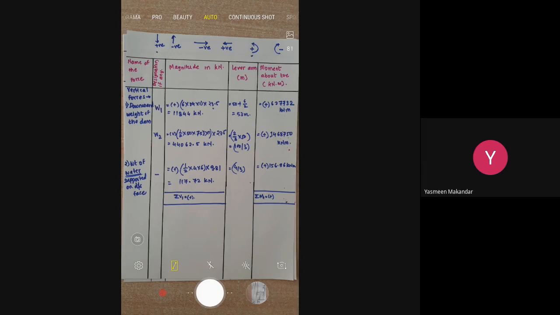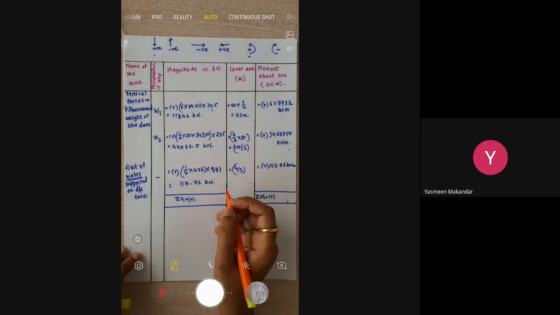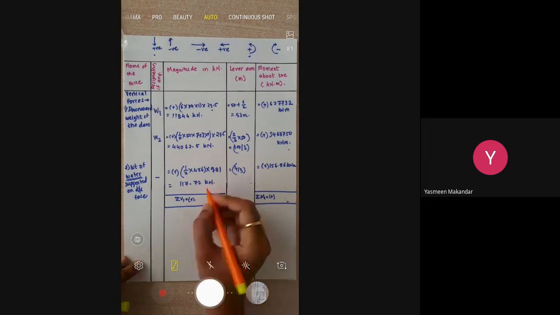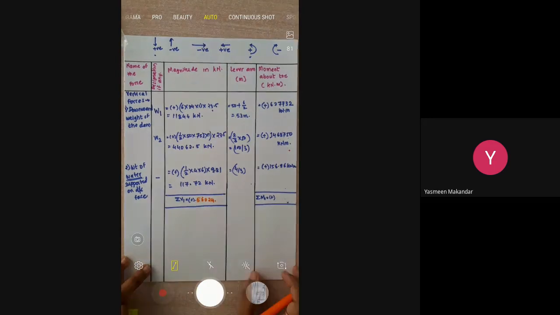Yes, Anand has replied. So this one is summation V1. You are correct. Let me see in the chat box. So okay, this value, as per your calculations, is say 56024.22 kilonewton.